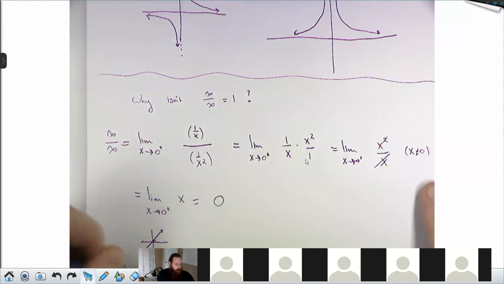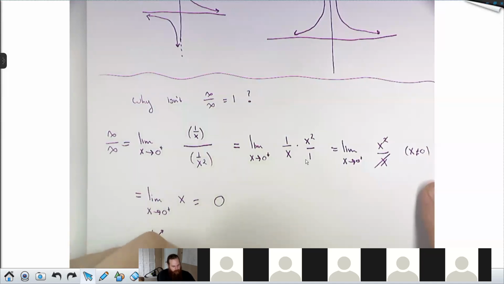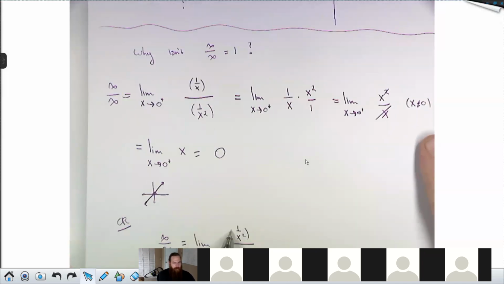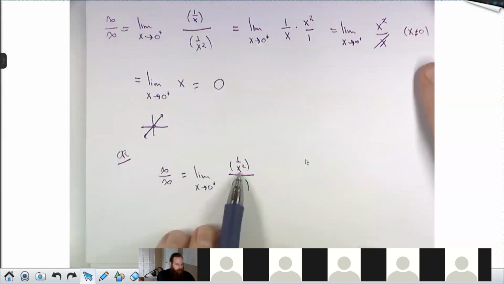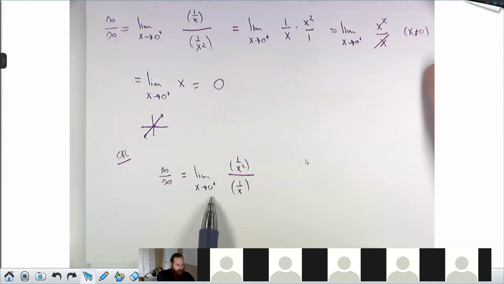Or we could switch the roles. Another way to write infinity over infinity is the limit as x goes to 0 plus of 1 over x squared divided by 1 over x. Here, the top is definitely going to infinity as x goes to 0, and so is the bottom. So this is infinity over infinity.